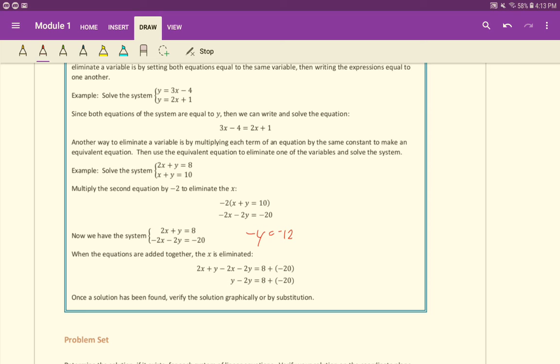We eliminated the x's, and now we have this very simple equation to solve. What would you do to both sides to solve? Divide both sides by -1. And so we get y equals 12. Now that we have y equals 12, we can plug that y back in here or in here and solve for x to get the corresponding x value. Okay? So let's see this in practice.